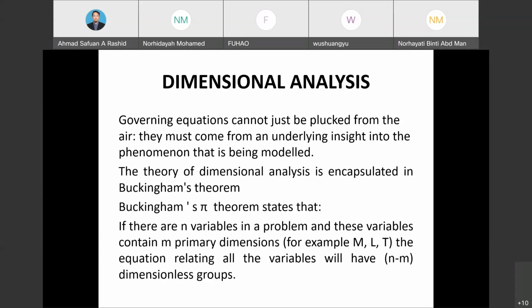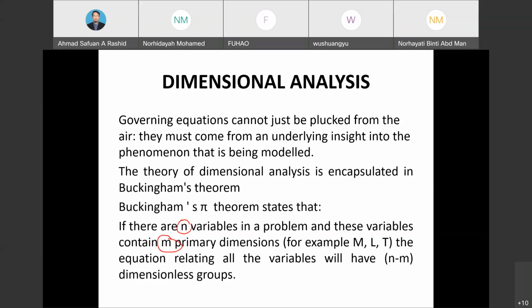The theory of dimensional analysis is encapsulated in the Buckingham Pi theorem. It states that if there are n variables, meaning the number of variables including input and output, and later on I will show you an example, and these variables contain m primary dimensions.